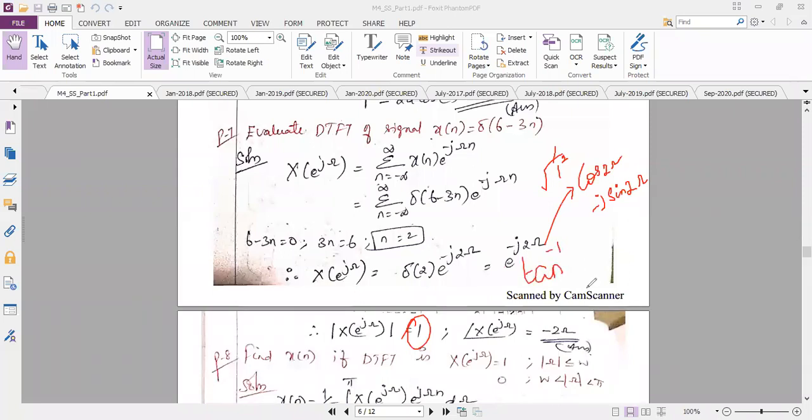Can anybody tell me what is in place of b? Is it just sine 2 omega or minus sine 2 omega? For a plus ib I have the formula tan inverse of b by a, and here I have a minus sign. So it is minus sine 2 omega, the whole divided by cos 2 omega.